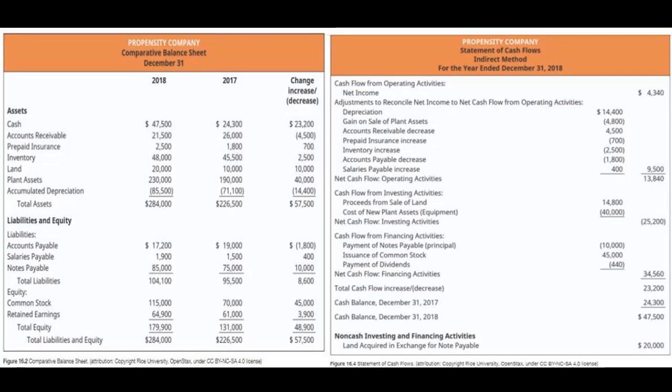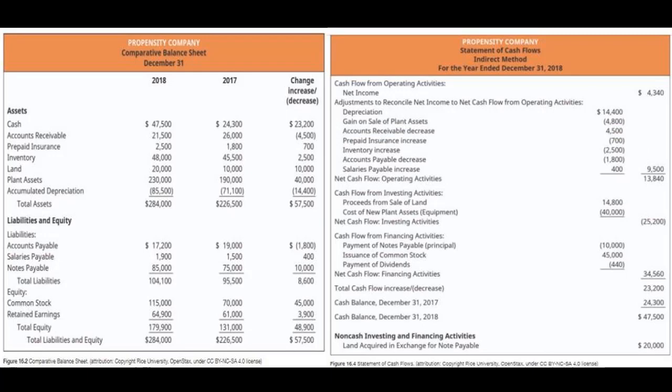Does that $4,500 number appear in the cash flow statement in figure 16.4? Absolutely. Look near the top of figure 16.4. In the operating activities section, the very third line, accounts receivable, $4,500.